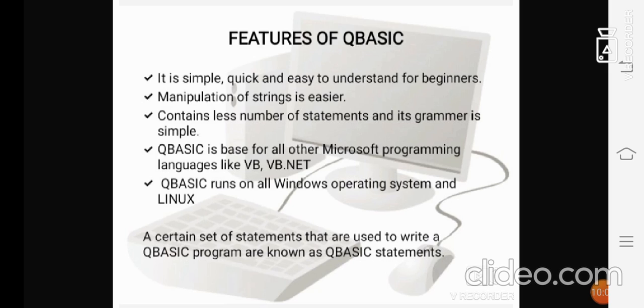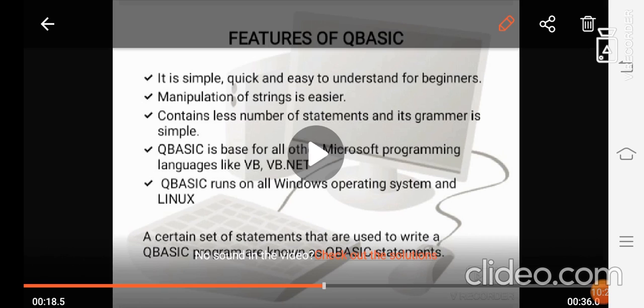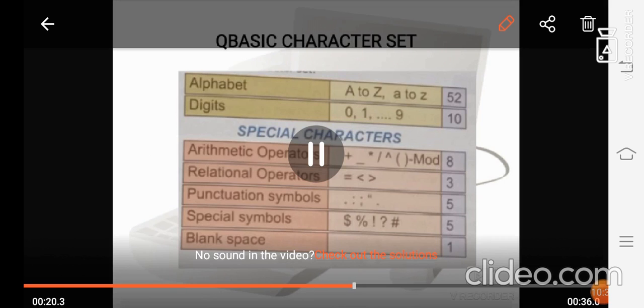QBasic runs on the Windows operating system and Linux. A certain set of statements that are used to write a QBasic program are known as QBasic statements. So these are the very important features that we should know in QBasic.